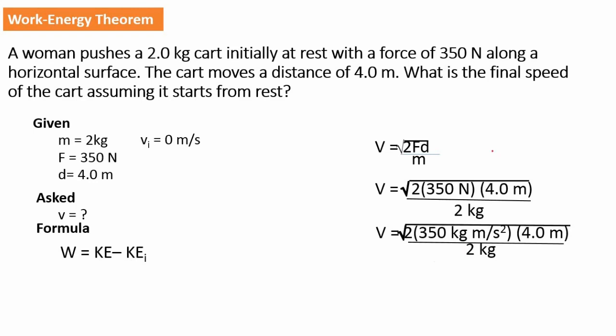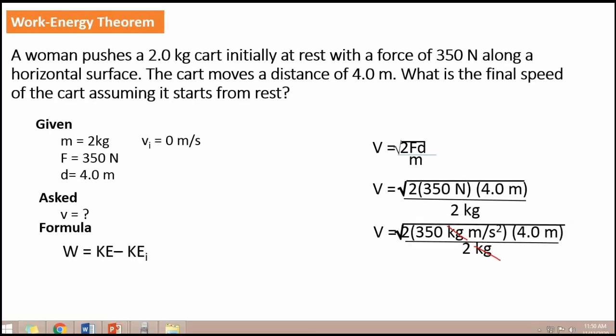Next, in order for us to understand better how we get the units of each variable, you have to break this down. For the Newton, it's kilogram meter per second squared. So we are done breaking down the Newton, and we have to cancel things. So we cancel the kilogram.